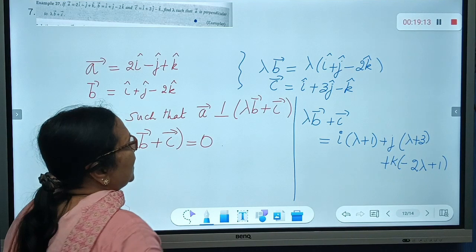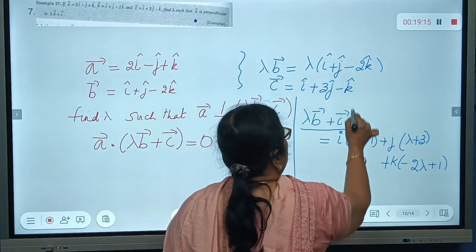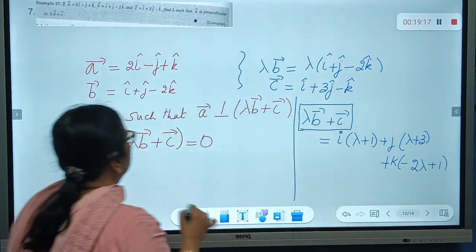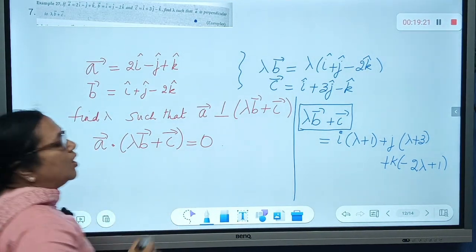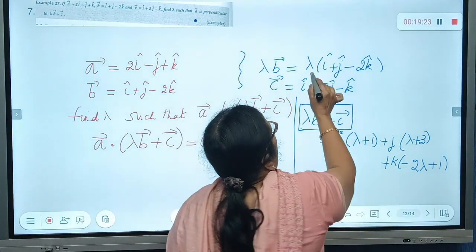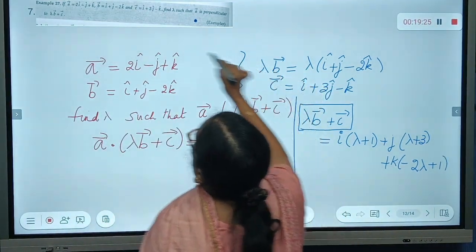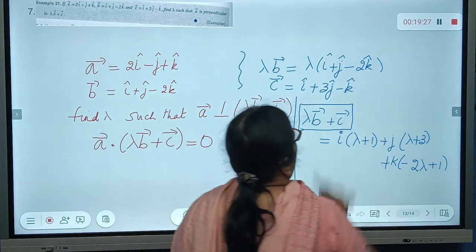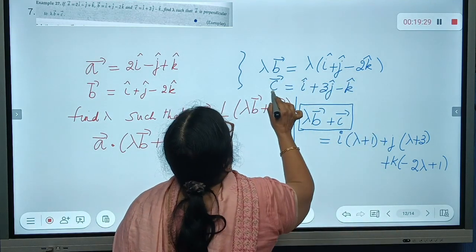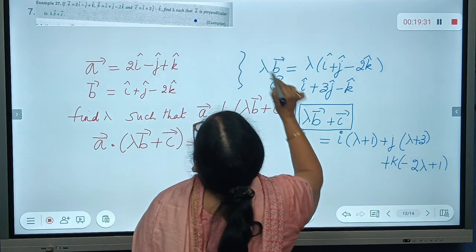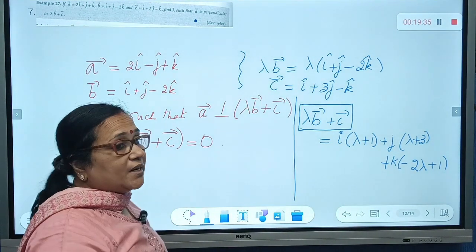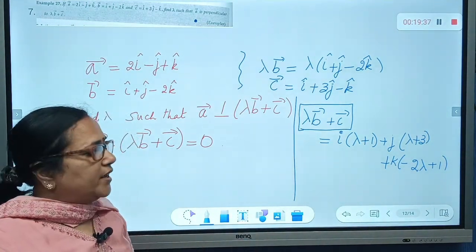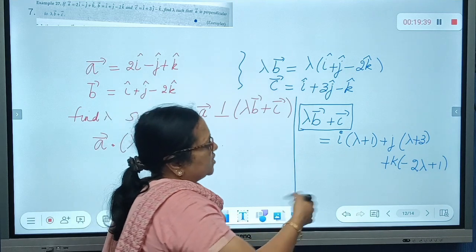I am looking at lambda b plus c, because lambda b plus c is perpendicular to a vector. Lambda b is lambda times b, i plus j minus 2k. C vector is given to be i plus 3j minus k. So I am collecting the components of i, j and k while adding the respective components.